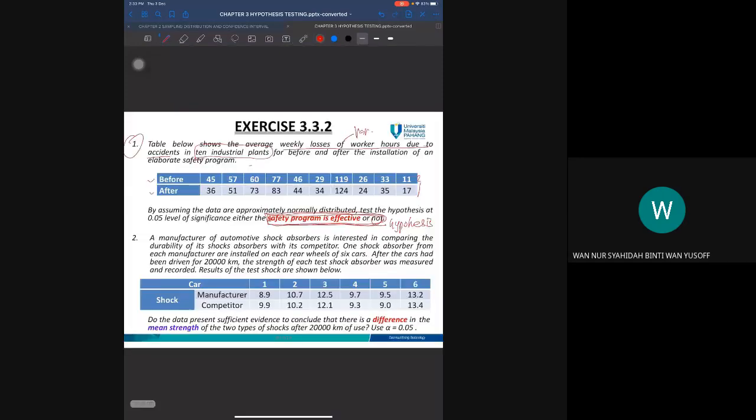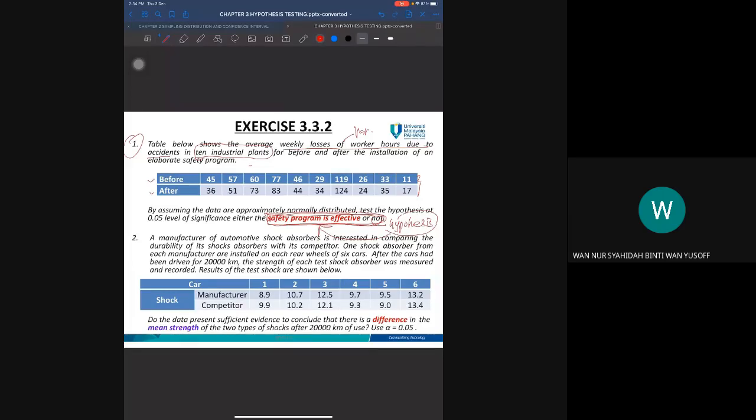As I said, when we formulate the hypothesis, it is better to regard this experiment first as independent. So we formulate as independent first and then we convert into mu D. The hypothesis here must answer whether the safety program is effective or not.